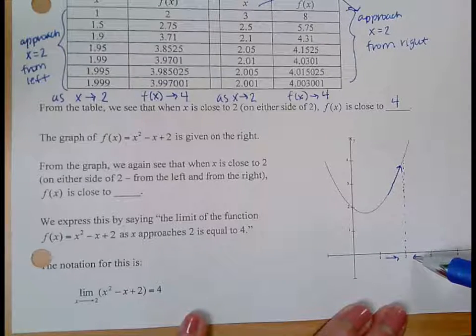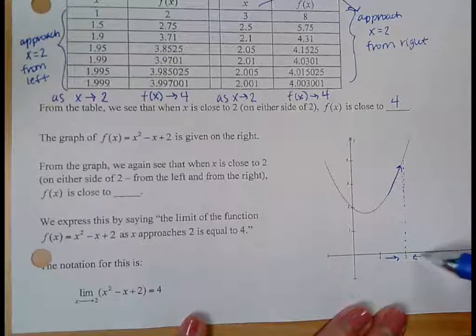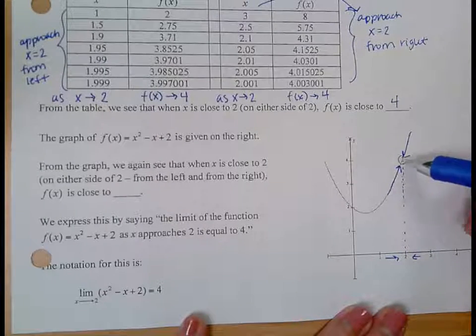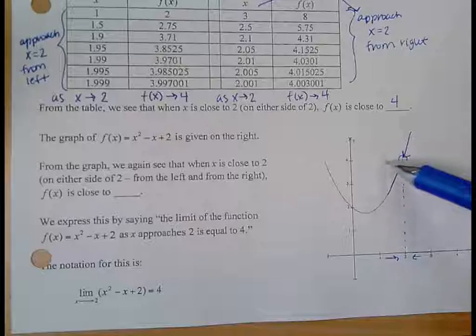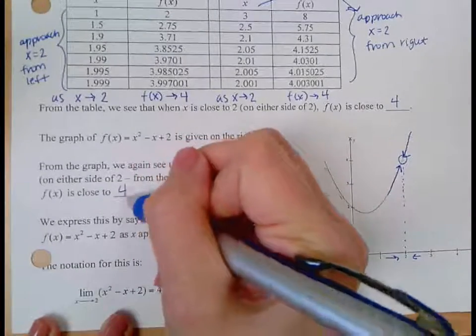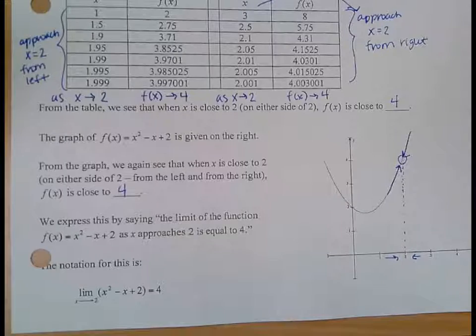As x is approaching 2 from values greater than 2, on the right side, my curve would be here. What is it approaching? In this case, we can see that it is approaching that y value of 4 also. The y values are getting closer to 4.